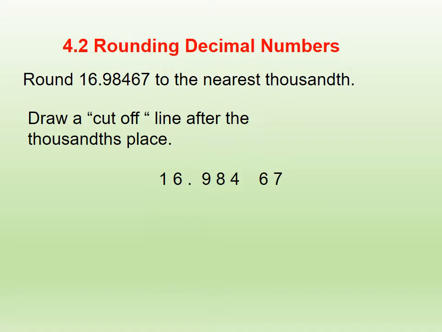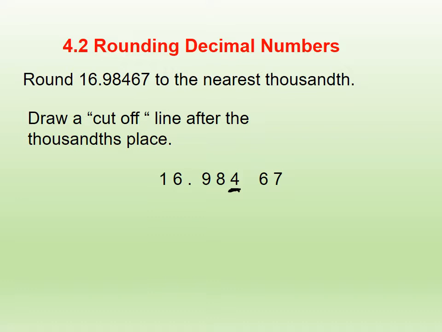So rounding decimal numbers. We're just gonna go ahead and do it. Round 16.98467 to the nearest thousandth, okay? So the first thing is you're gonna draw a cutoff line after the thousandths place. How I taught you is that you underline the number in the place value.